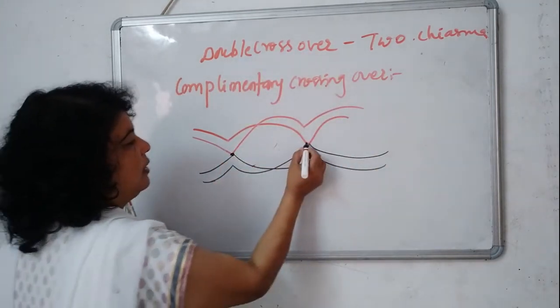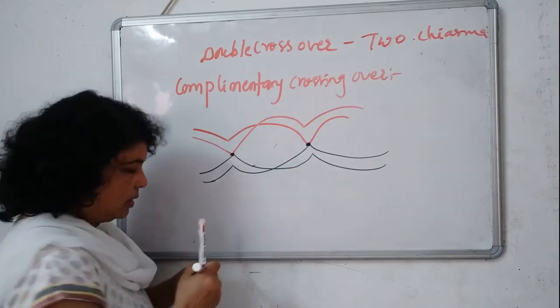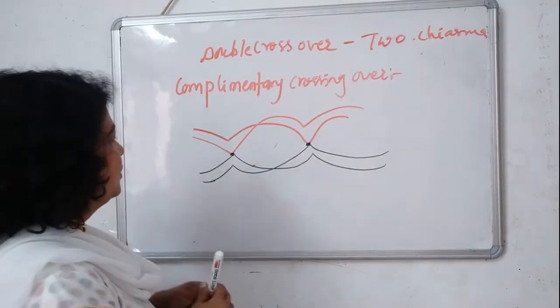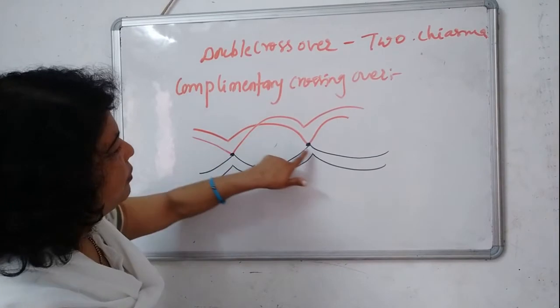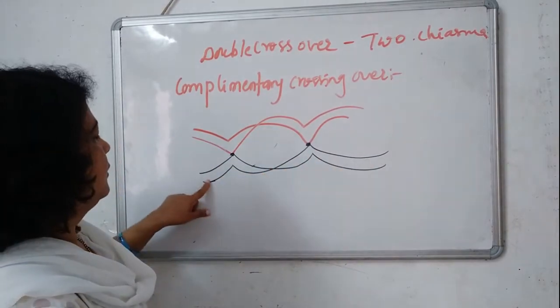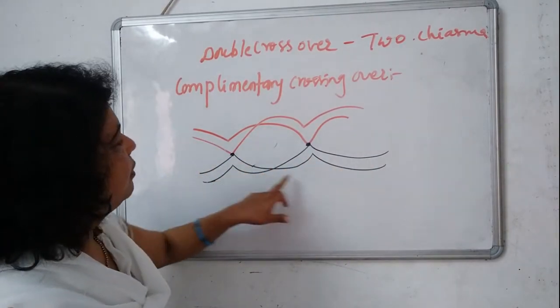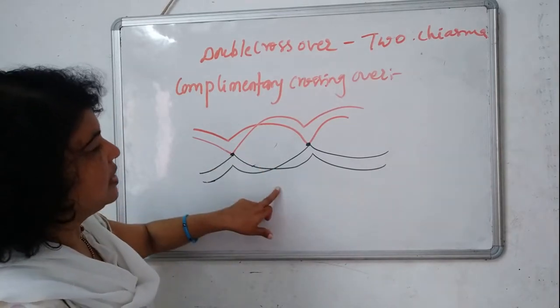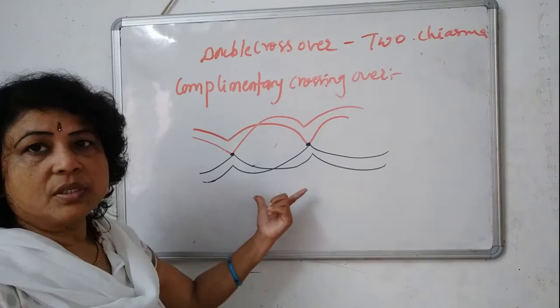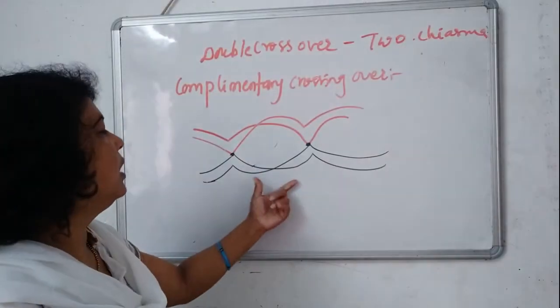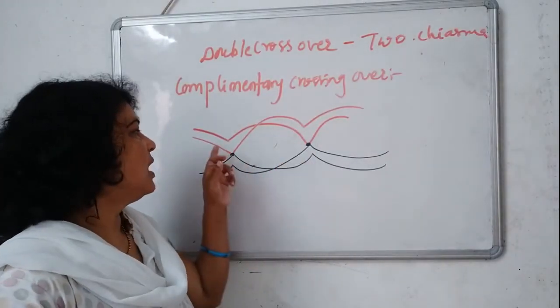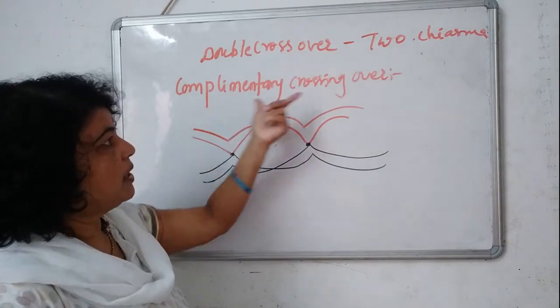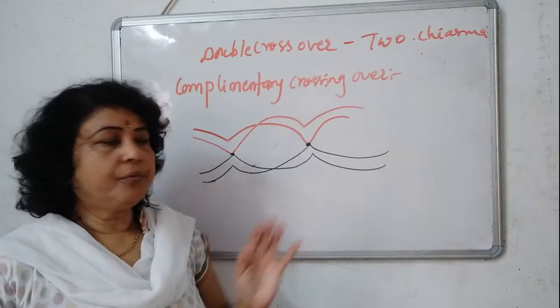Look at this figure. This one is involved with this one, and this one is involved with this other one. That means all four chromatids are involved in the process of crossing over, and two chiasmas are produced. So it is complementary crossing over with all four threads.